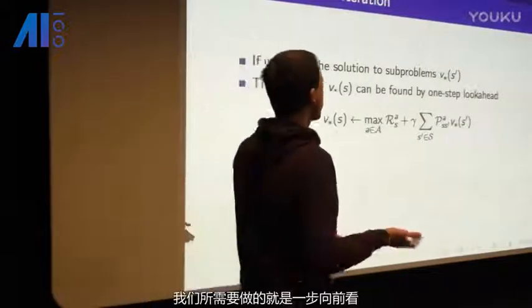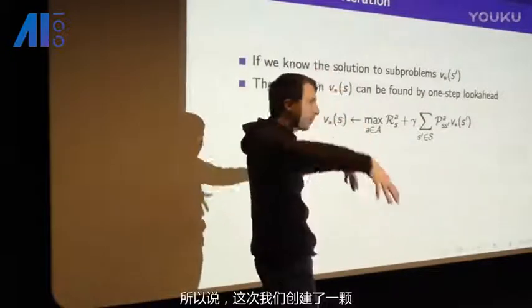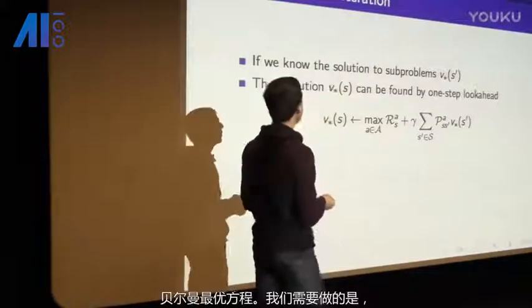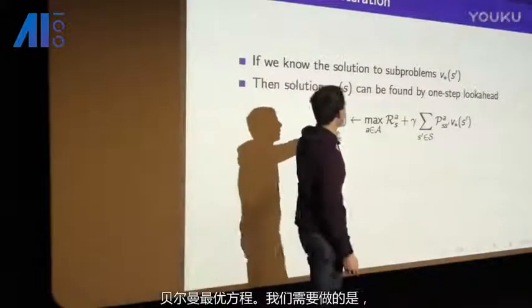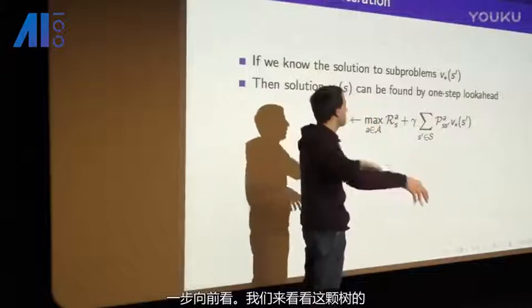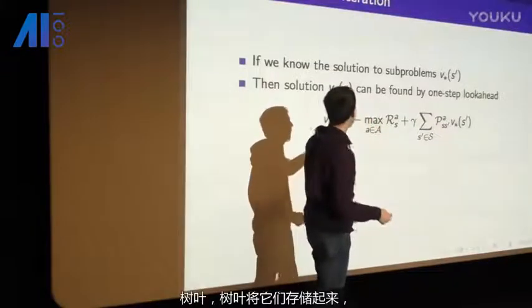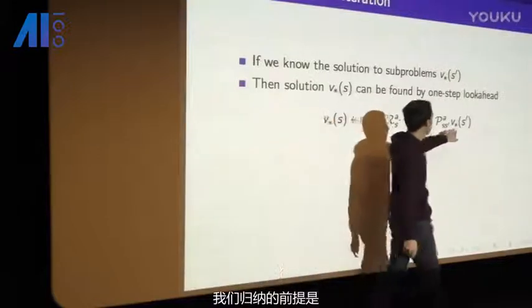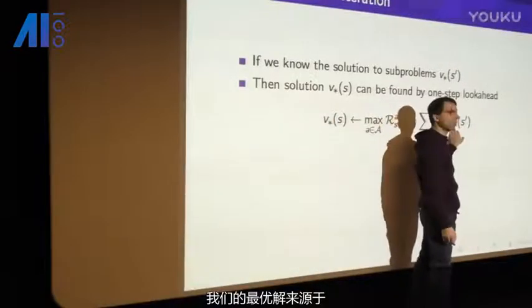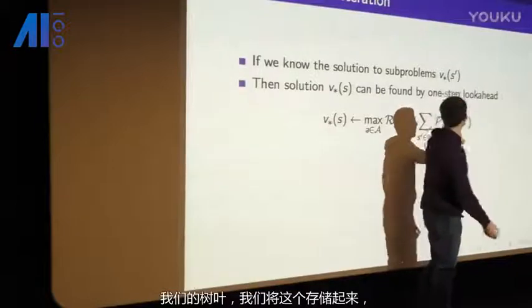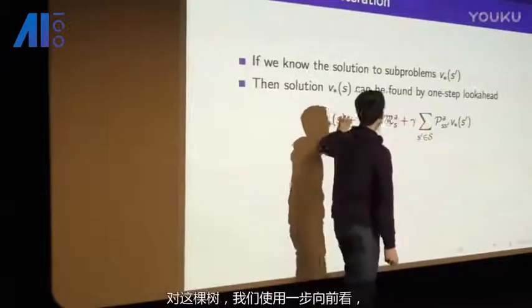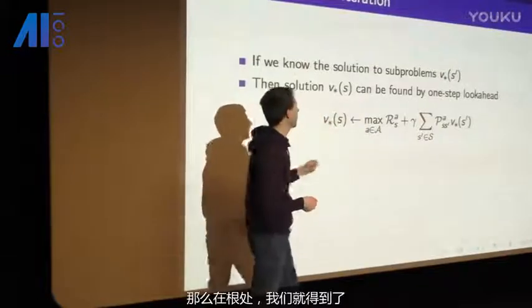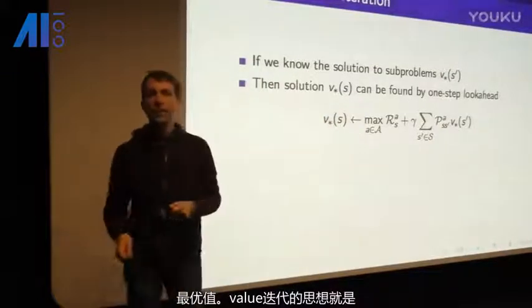All we need to do now is a one-step look ahead. We're building our one-step look ahead tree, this time using the Bellman optimality equation. We look at the leaves of our tree and back them up. We start off with our inductive premise that we know the optimal solution from the leaves, and we back this up by doing a one-step look ahead up the tree. We maximize over all the things we might do, and that gives us the optimal thing to do at the root.